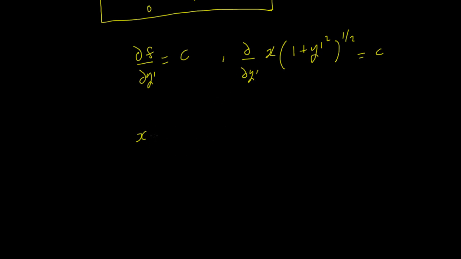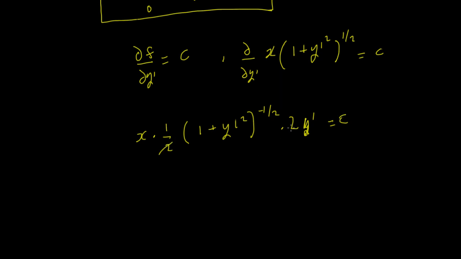So we've got x times a half of 1 plus y derivative squared to the minus a half, and differentiate inside this, times 2 y derivative, equals a constant.